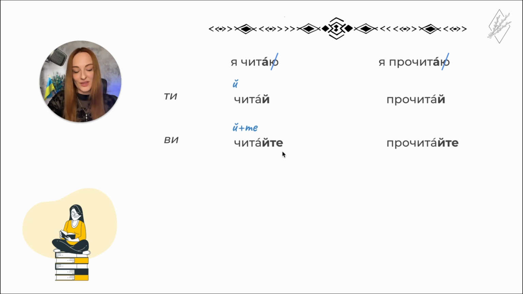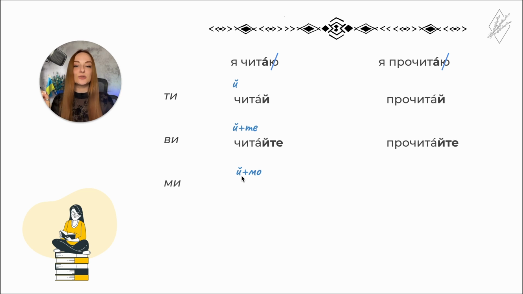This actually makes a lot of sense because when we conjugate the verb in the present tense, we would say the same ending, читаєте. The difference is that in the imperative mood, we have this yod before the ending те. Then, if we invite a person to read with us, like let's read together, how would we say it?